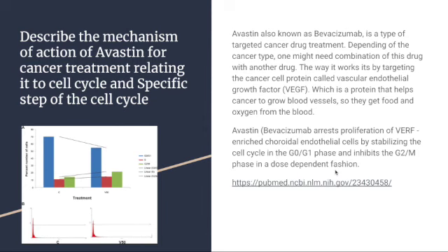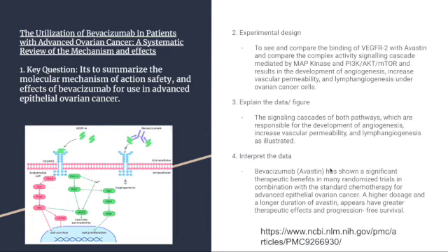The name of the article that I used is the utilization of bevacizumab in patients with advanced ovarian cancer, a systematic review of the mechanism of action and effects. The key question for this article is to summarize the molecular mechanism of action, safety, and effects of bevacizumab for use in advanced epithelial ovarian cancer.